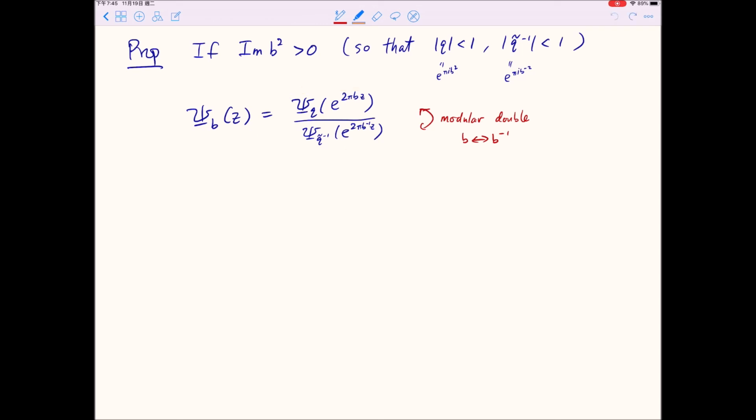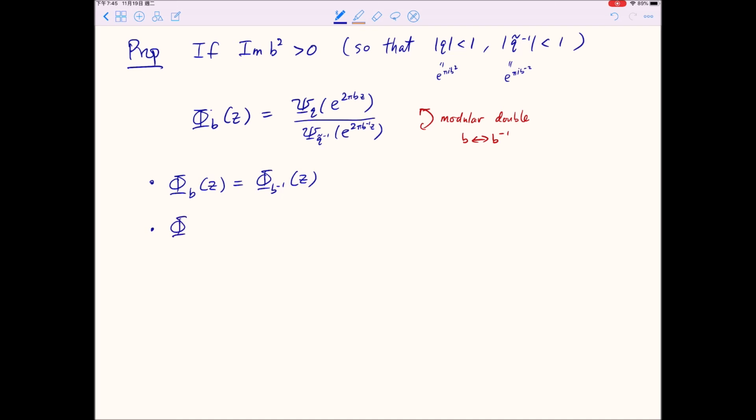So this is the way that the limit when the modulus of Q goes to 1 can be treated using a different complex meromorphic function. And this function also enjoys this modular double duality I mentioned. One can see quite easily from the definition that the expression is independent of whether you choose b or b inverse.